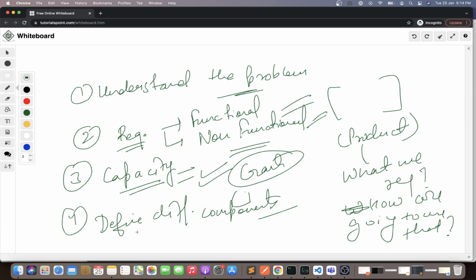And the last point is also very important: the communication between all of them. How will they communicate, how will we manage communication between all of them? We need to follow this procedure while we tackle a high level design problem in an interview.